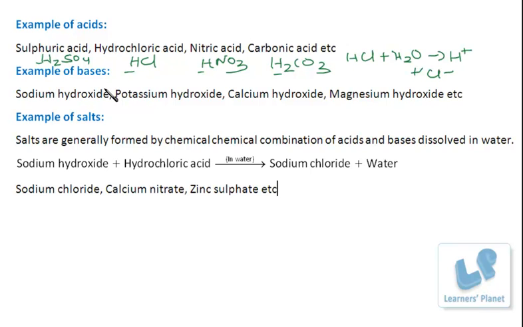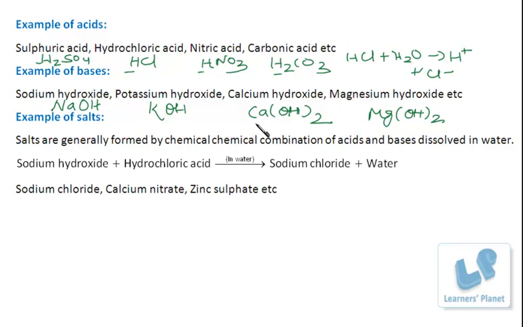Whereas there are bases also. Bases like sodium hydroxide, potassium hydroxide, calcium hydroxide, magnesium hydroxide. So what is the formula of sodium hydroxide? Sodium hydroxide is NaOH. Potassium hydroxide, KOH. Calcium hydroxide, Ca(OH)2. Students, you don't need to remember these formulae at present, right? Magnesium hydroxide, Mg(OH)2.